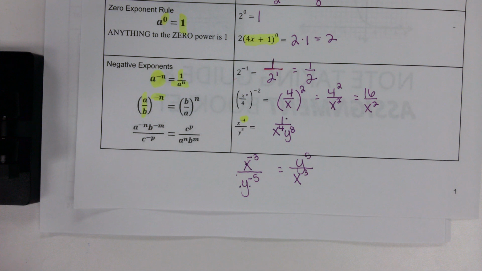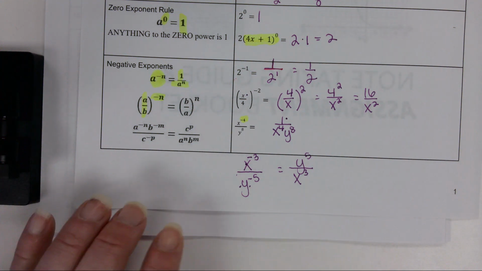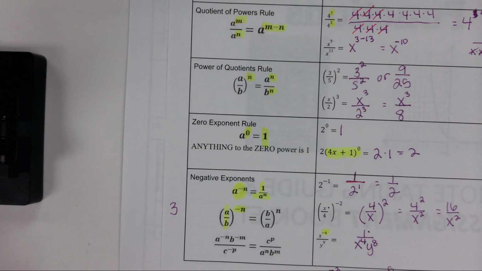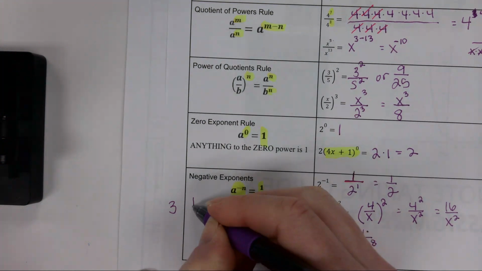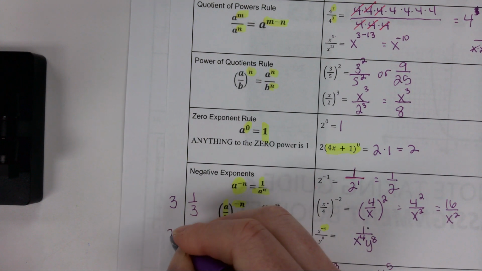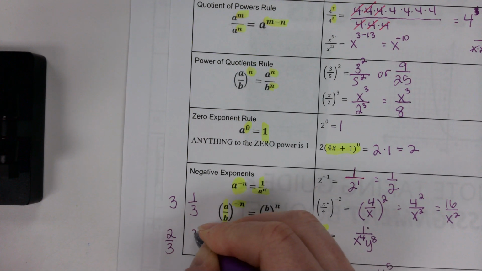Do you guys remember in pre-algebra ever studying reciprocals? Keeping it flipped. That had to do with multiplying by a reciprocal. For instance, the reciprocal of 3 is 1/3, 1 over 3. And the reciprocal of 2/3 is 3/2.